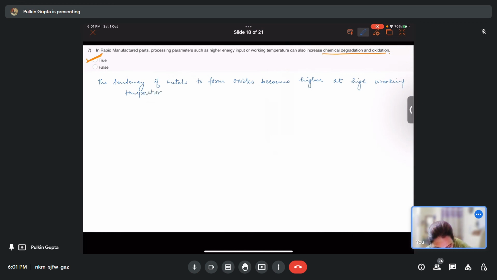Okay, and formation of oxides leads to degradation. And also, as your energy input increases, your temperatures in the print bed also increase, leading to a similar effect as that of higher working temperature on the oxidation and chemical degradation.